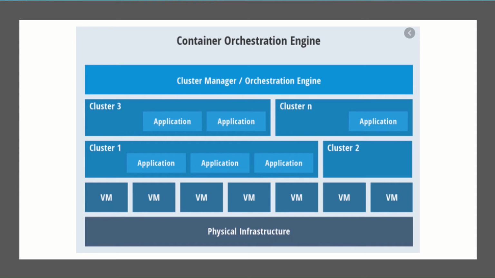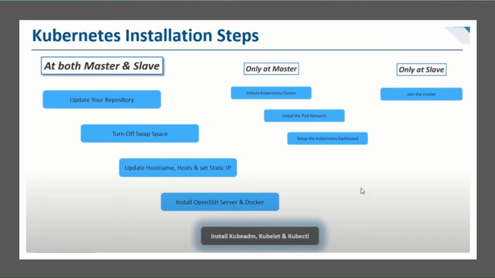To install Kubernetes, we have certain steps that are required to be done. And when we have to deploy Kubernetes, we need a master node and a worker node. So there are a few prerequisites which we need to do, such as updating the repository. So here we are talking about installing Kubernetes on a Ubuntu or a Linux OS, for which we need to update the repository.